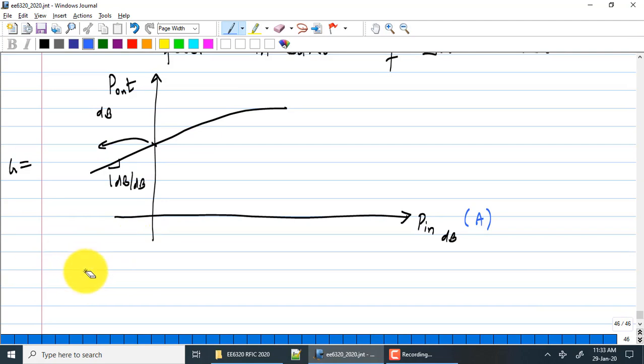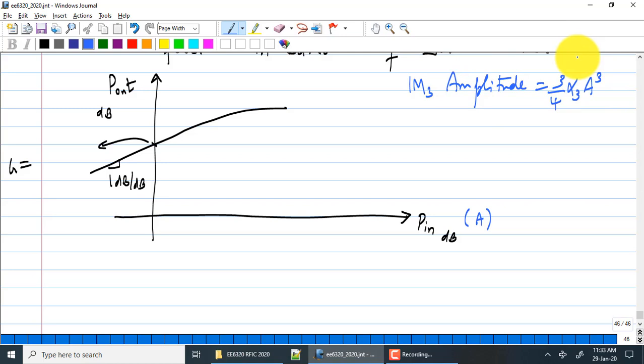First question, what is the amplitude of the IM3 component? Alpha 3, A cubed. If A was very small, and we saw that if your amplifier is weakly nonlinear, alpha 3 should be much smaller than alpha 1.